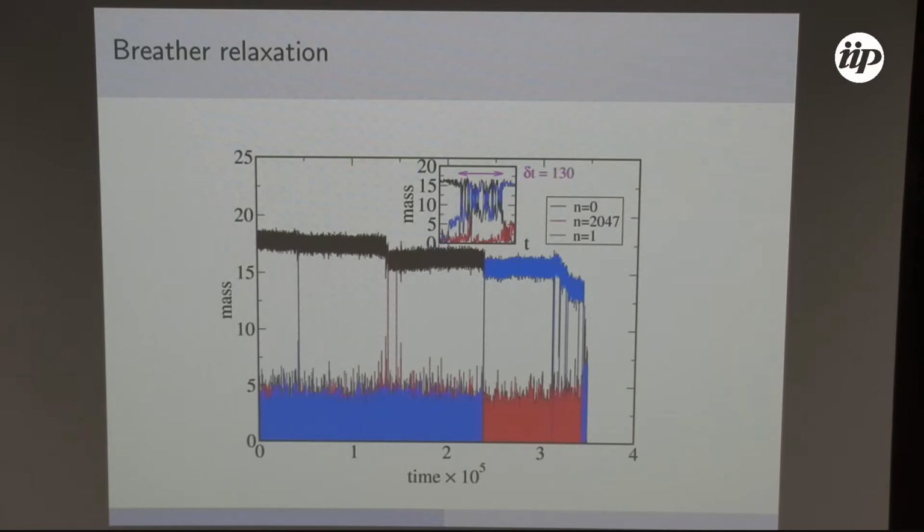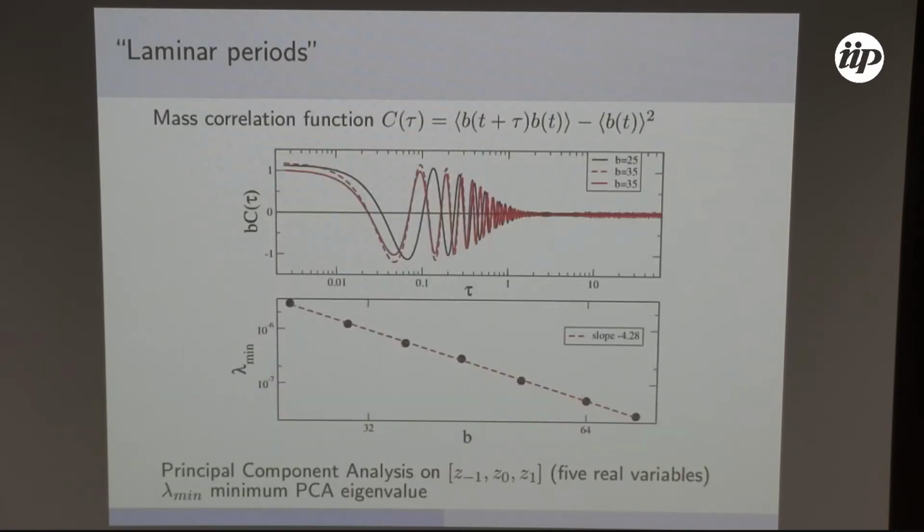And so you clearly see that the typical relaxation dynamics is composed of 2 stages. You have, let's call it, a laminar period where basically nothing happens except for very fast fluctuations, and these jumps. So let us analyze in more detail these laminar periods, so periods where you do not have jumps.